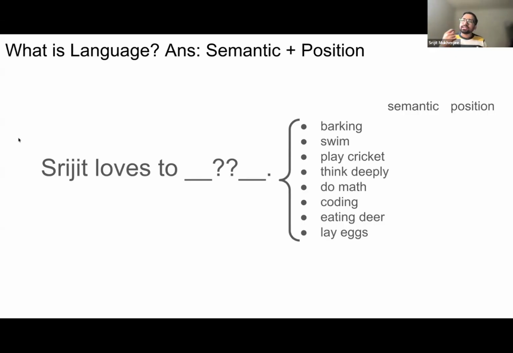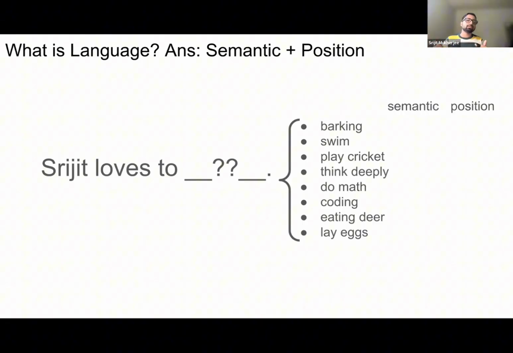I hope you're taking down notes. So there are two concepts here. One is the connection between what the word means with respect to the other words out there, and also the positional information of a certain word.